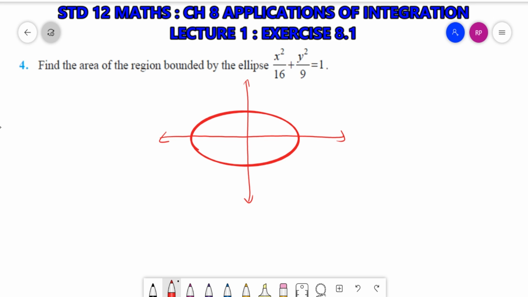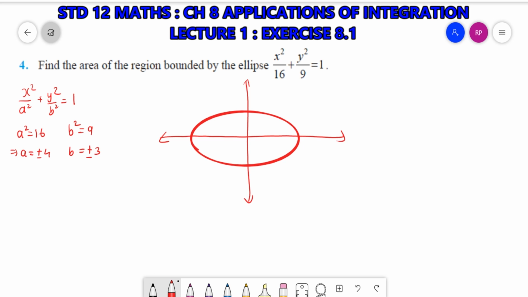Now see, general equation for ellipse is x square by a square plus y square by b square is equal to 1, where a and b are the vertex. So comparing it with the question, a square is equal to 16, that implies a is equal to plus minus 4. And b square is equal to 9, that means b is equal to plus minus 3.